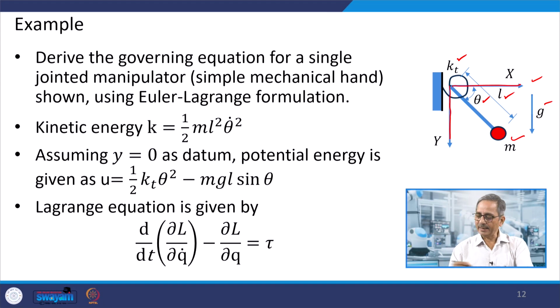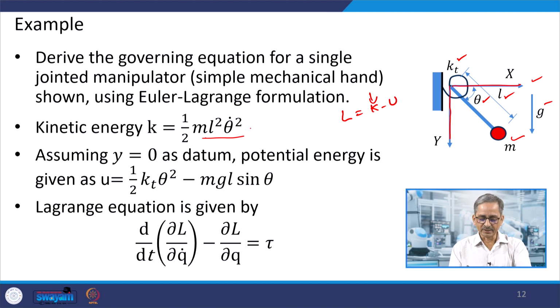In order to find the Lagrangian, as you know L is basically K minus U. So, first let us find the total kinetic energy. The kinetic energy is going to be half m L square theta dot square, basically I omega square.